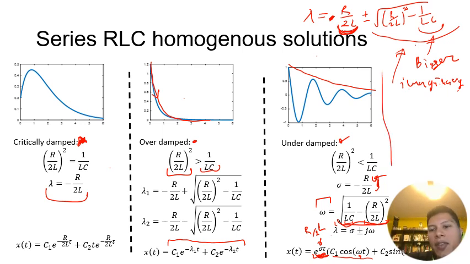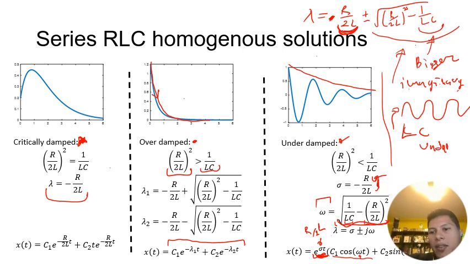And finally, if we just had an LC circuit, we would have undamped, so there would be no decay. When things are undamped, there's no decay.